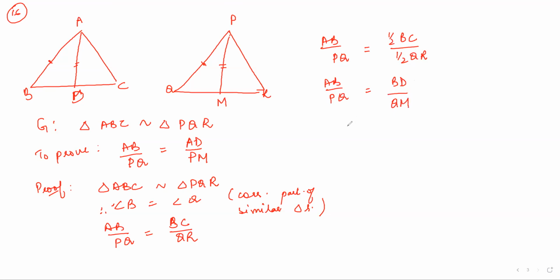Now come back to your triangle, see this blue triangle. I have got that AB is proportional to PQ, and that BD is proportional to QM. So two sides are proportional, and I have already shown that angle B is equal to angle Q. So which criteria is already satisfied here?